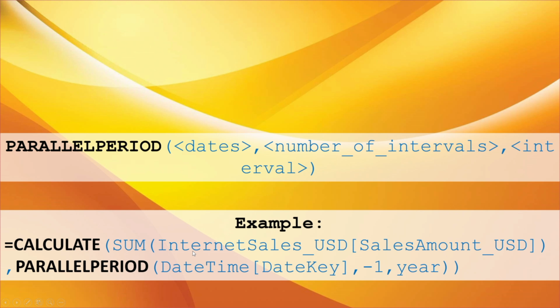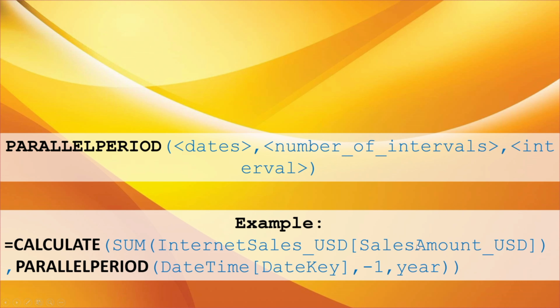Because as per the formula, it is finding the internet sales from the internet sales table with the sales amount in USD, using PARALLELPERIOD as the DAX function with date time and -1 year. So it is going to the previous year in the same date time format and giving you the sales amount.